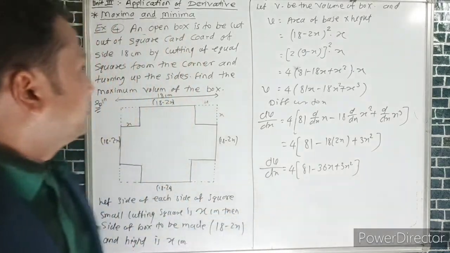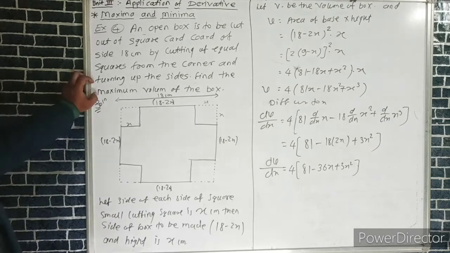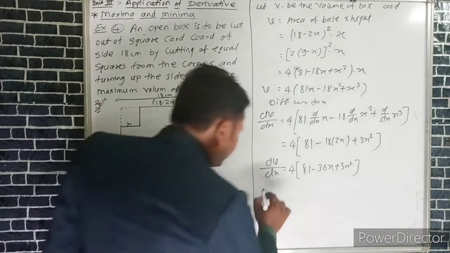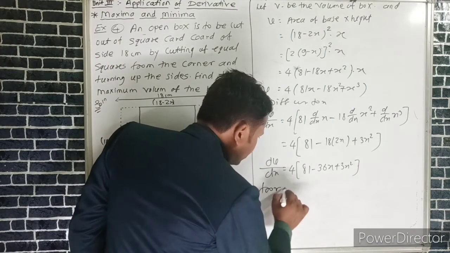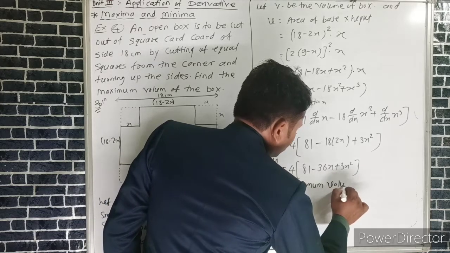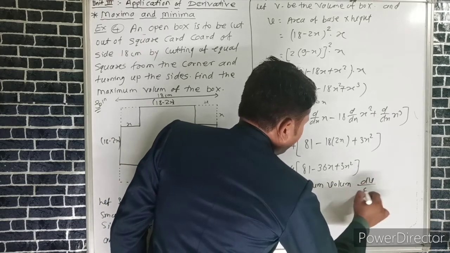So here, if the volume of the box is maximum, then for maximum volume we can say that dV upon dx is equal to 0.